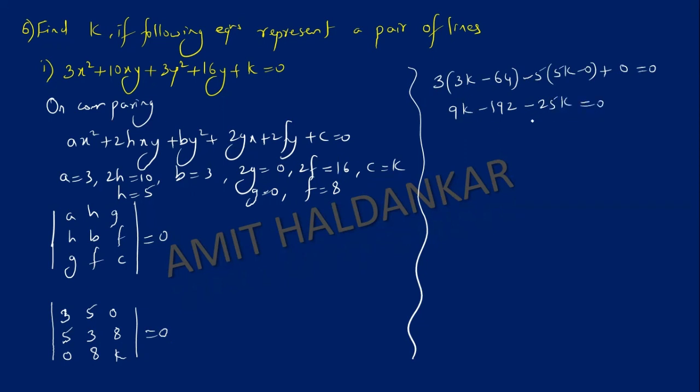So 9 minus 25 is minus 16k is equal to 192. So k is equal to minus 192 divided by 16. 16 ones are 16, 16 2s are 32. So k is minus 12, and this is your answer.